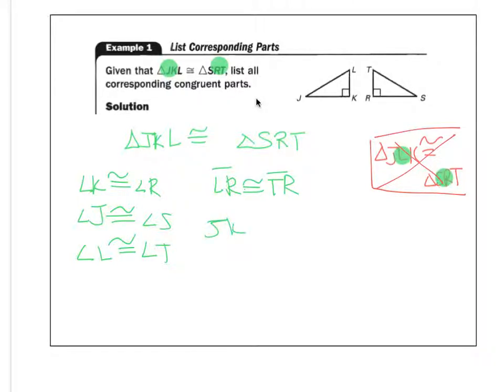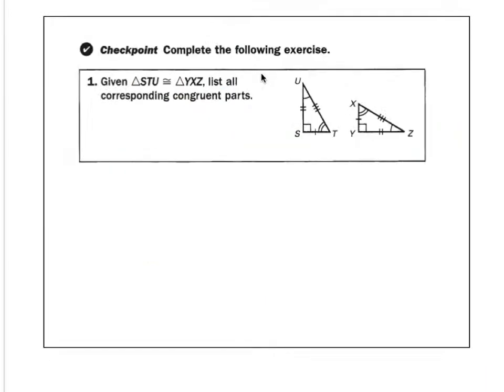The longer legs, JK and SR, are congruent. Finally, the hypotenuse JL and ST are congruent. Right? So that's my three corresponding angles and three corresponding sides that are congruent to each other.